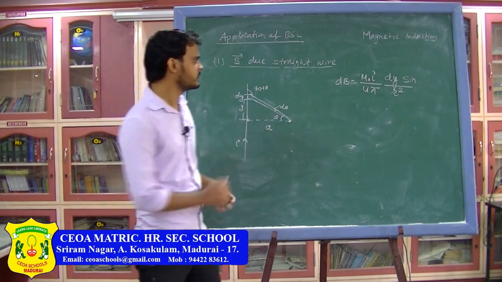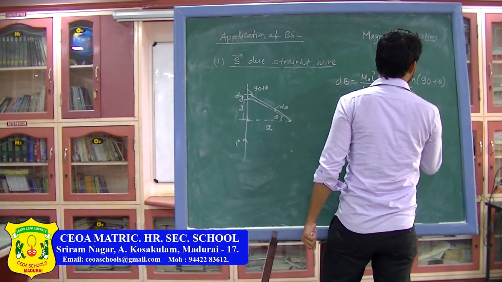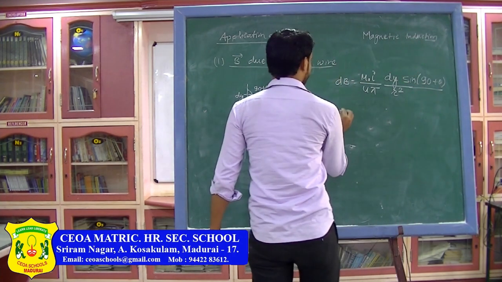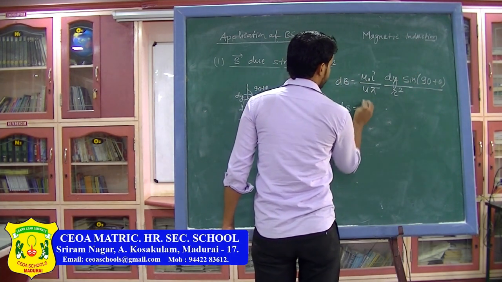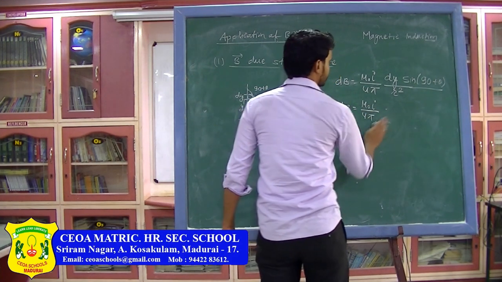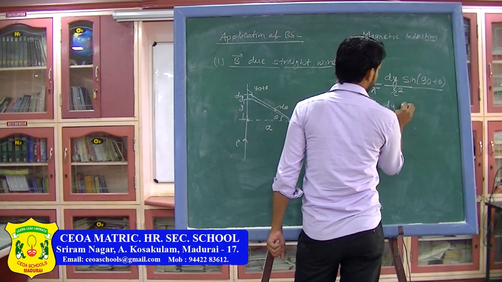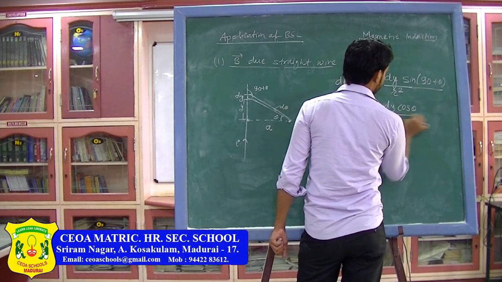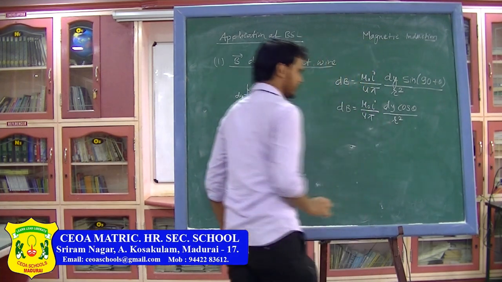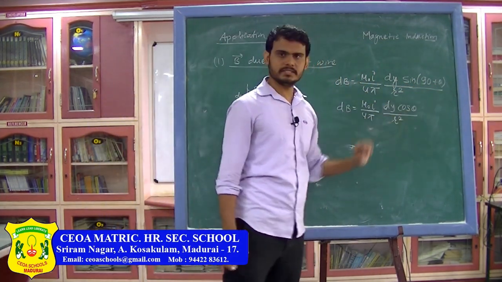So here I can write this as 90 plus theta, which basically will become dB is equal to mu naught I divided by 4 pi, dy cos theta by r square. Now, sin of 90 plus theta is equal to cos theta.